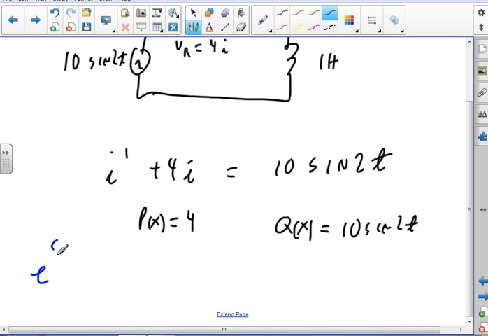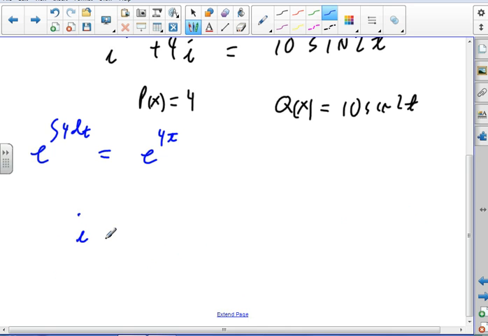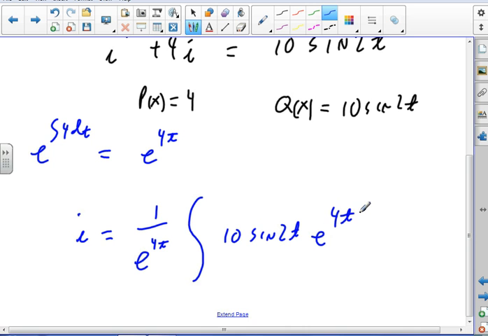I want e to the integral of 4 dt, which is e to the 4t. Okay, so I is equal to 1 over e to the 4t times the integral of 10 sine 2t e to the 4t dt.